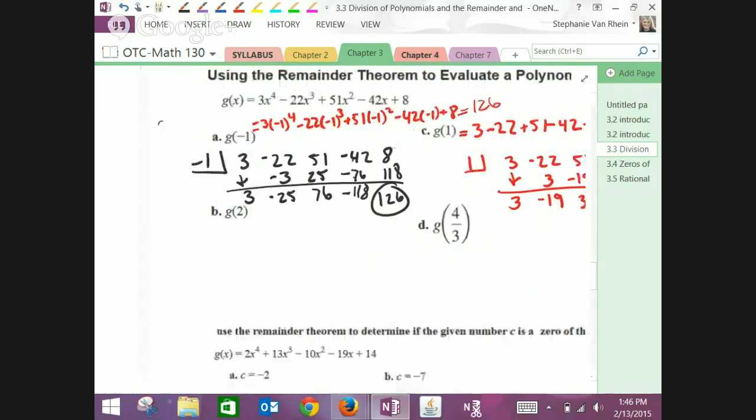Let's look at the 2. You want to do plug it in or synthetic division? Synthetic. Plugging it in here is, if you had a calculator, probably no problem. So I have 3, minus 22, 51, minus 42, and 8.